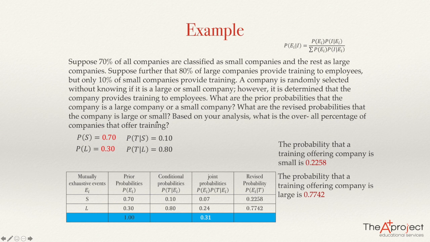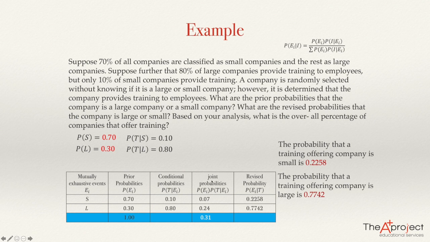Then the last question, based on this analysis, what is the overall percentage of companies that offer training? So remember, this is the joint probability, that is the probability that the company provides training and is small. The percentage of companies that provide training and are small is 0.07.